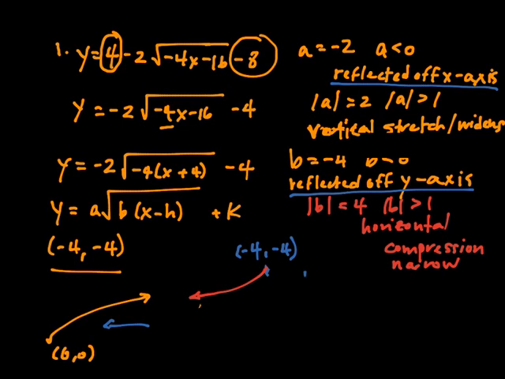Okay, so let's look at the domain, because that's the final product. This is this function, basically. It'll look like that. Okay, let's look at the domain. The domain is x is less than or equal to -4. It's going to go that way.